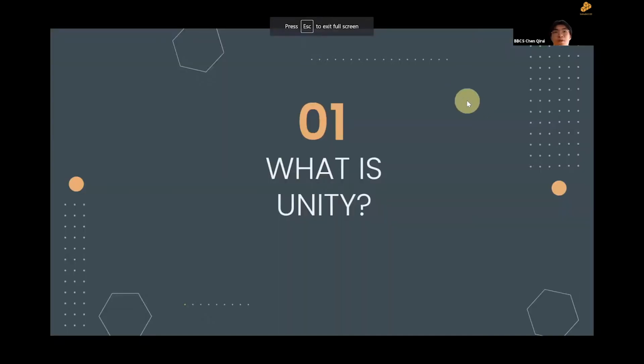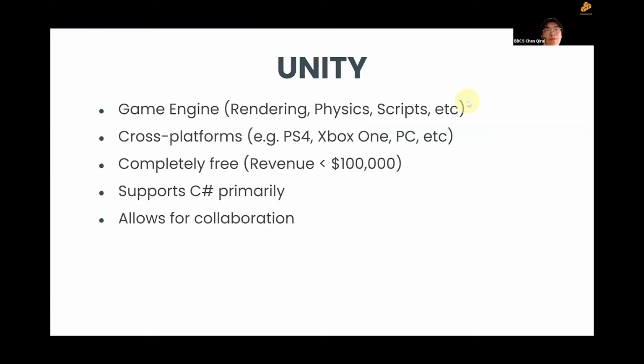So what is Unity? Unity is a game engine. It's an all-in-one game engine that's capable of rendering, having its own physics system, and also scripts to program the game. It's also cross-platform.